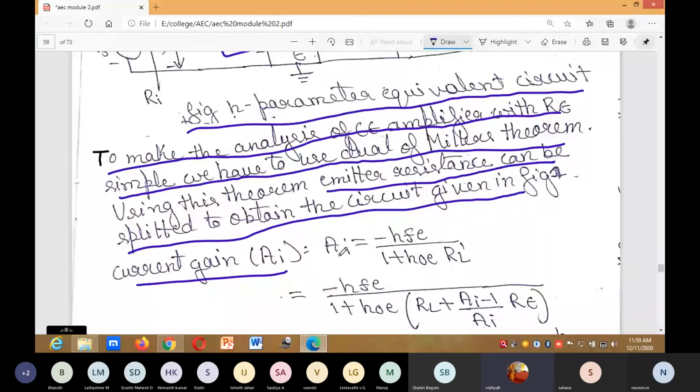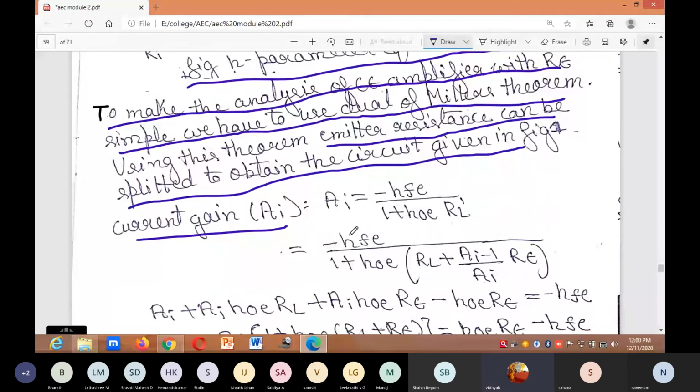In that we have observed that AI is equal to what? When you consider the CE amplifier with H parameter model, AI is equal to minus HFE divided by 1 plus HOE into RL dash.